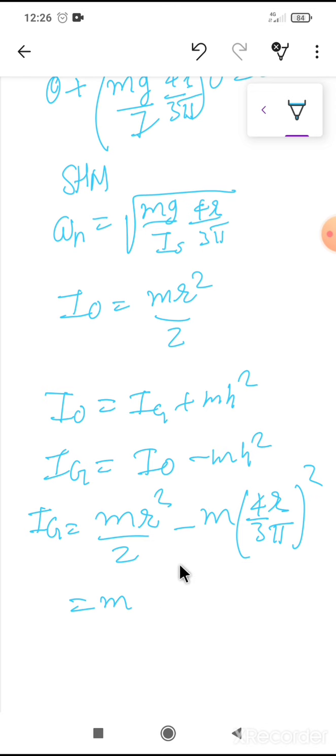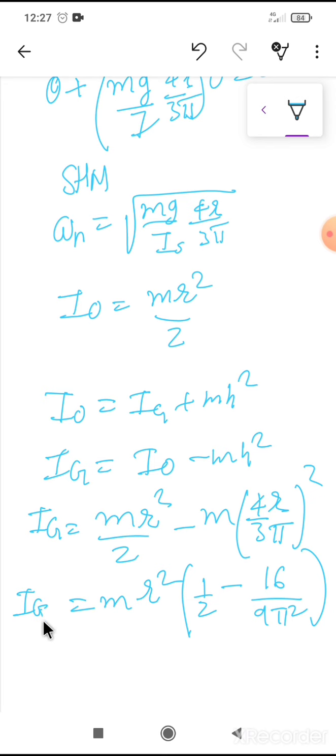What are we left with? mr square is common, so we are left with 1 by 2 minus 4 4 's are 16, 3 3 's are 9, and pi square, so 16 by 9 pi square. So this is the moment of inertia at the center of gravity.